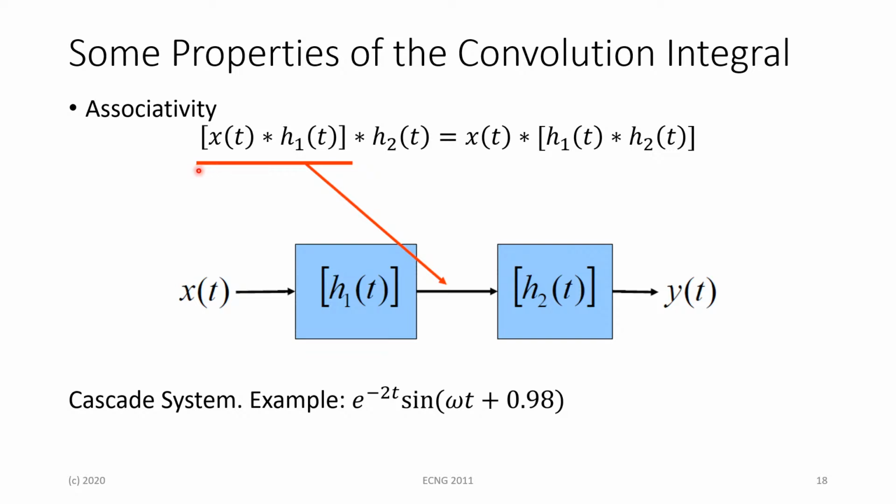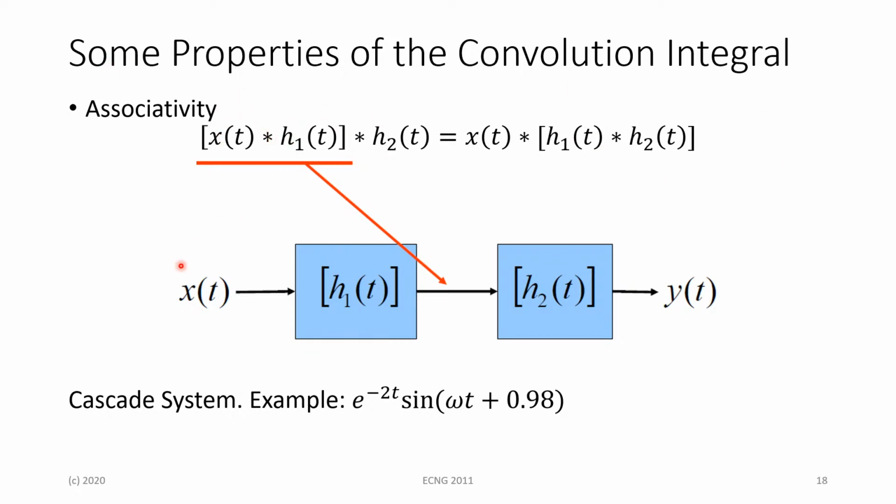With associativity, let's say we had a bracketed convolution and then another convolution, so you had to do two convolutions: the first one being x of t and h1 of t, and then the result with h2 of t. It still doesn't matter which order you do the convolutions in. You can perform h1 and h2 first and then convolve the result with x. You will still end up with the same final answer.